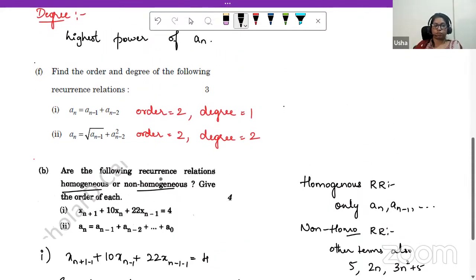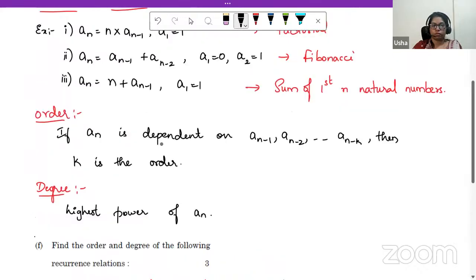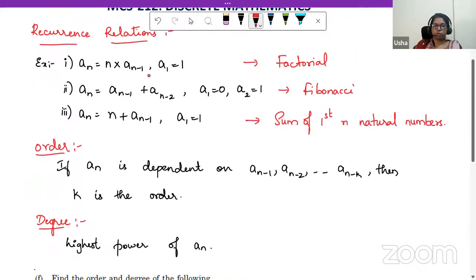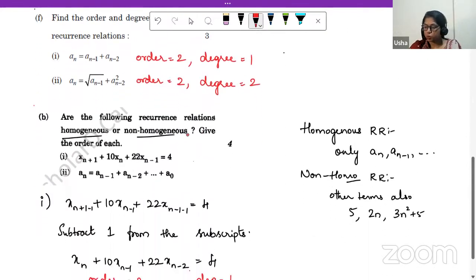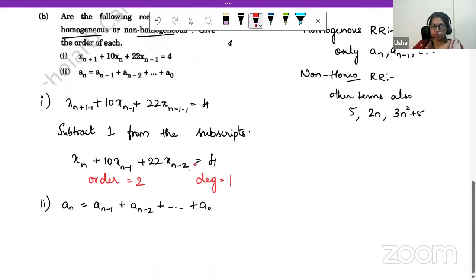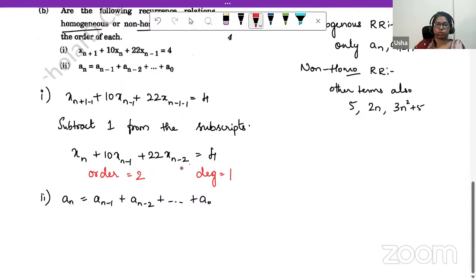Understood? See, for this one, order is 1 because only up to n minus 1. Here I have n minus 2, so order is 2. Here only n minus 1, so order is 1. It means the highest number, usually that will be the last.